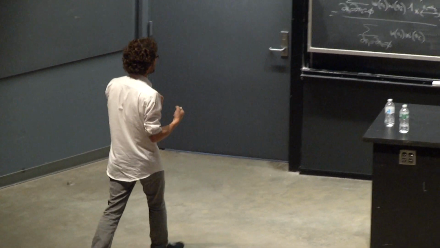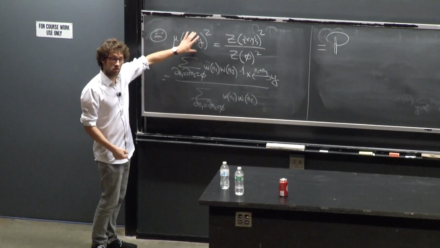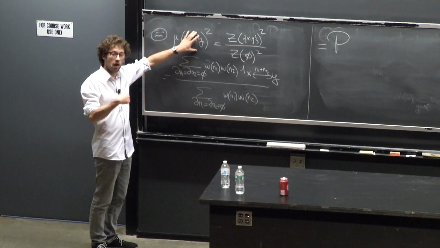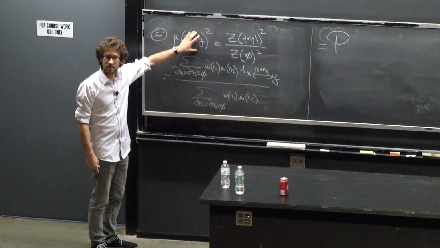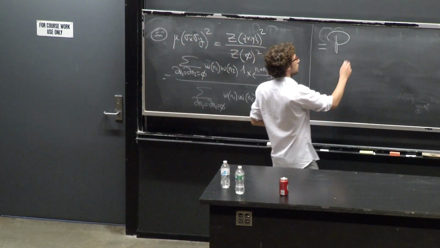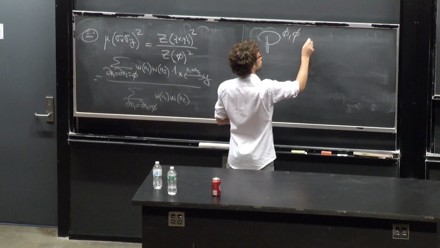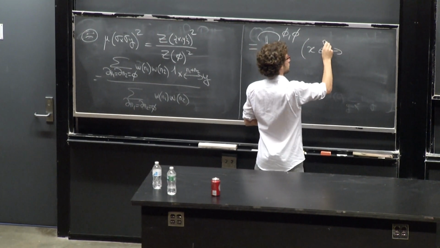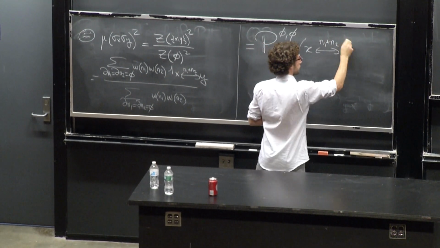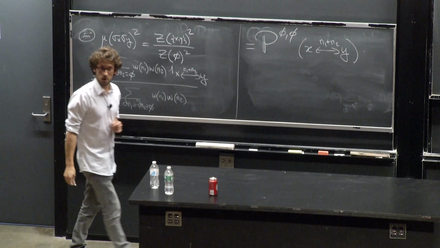So I translated the square of the spin-spin correlation in terms of geometric properties of a sum of two currents. So this is what we call a geometric representation.